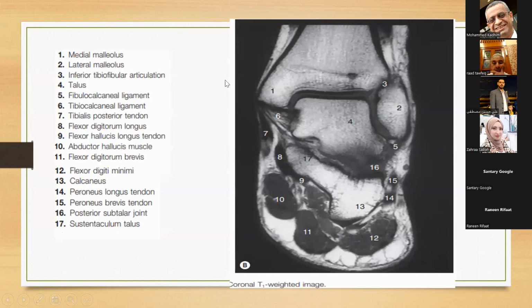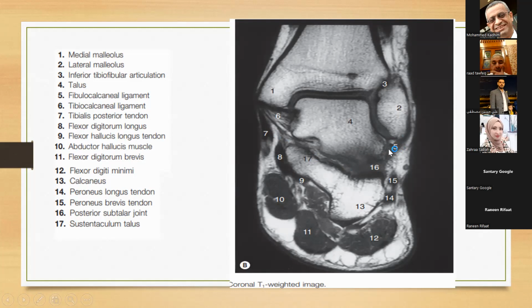This is the coronal MRI showing us the medial malleolus, number one, and the lateral malleolus. And this is the inferior tibiofibular articulation, also called the syndesmosis. This is the talus, body of talus. And this is the tibiocalcaneal ligament, and the tibialis posterior tendon.